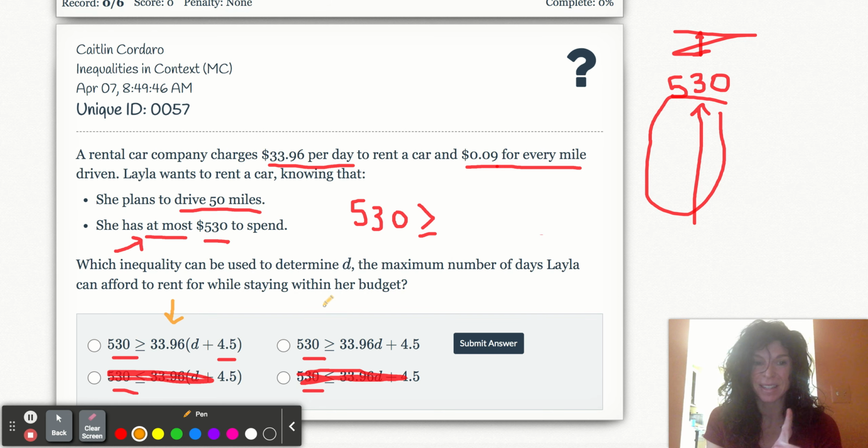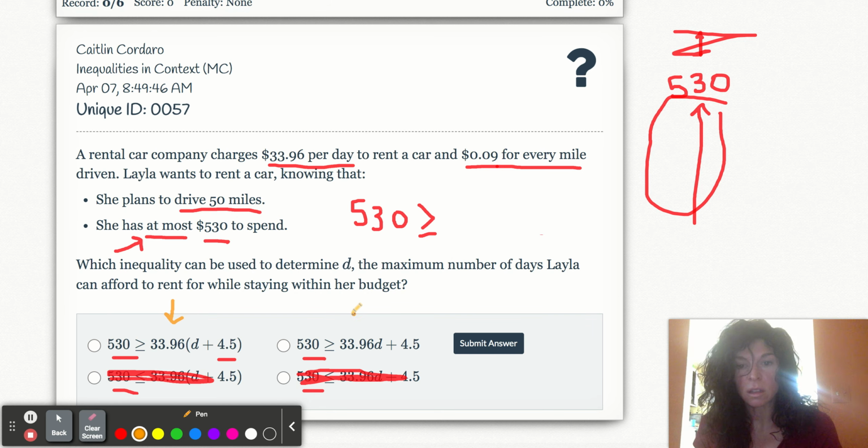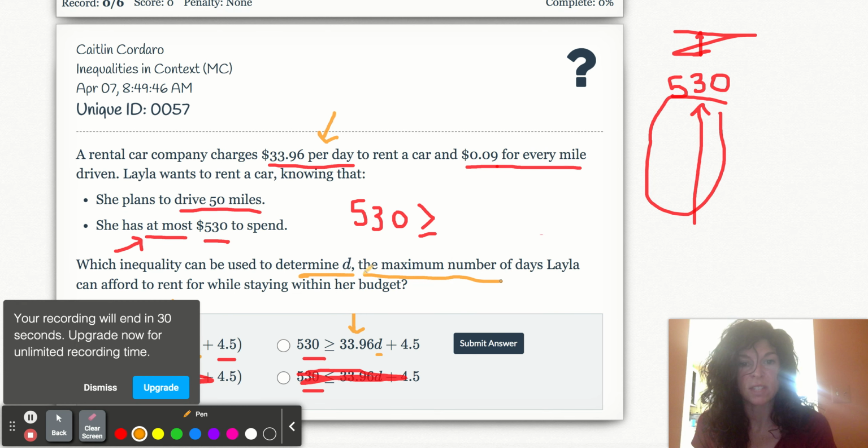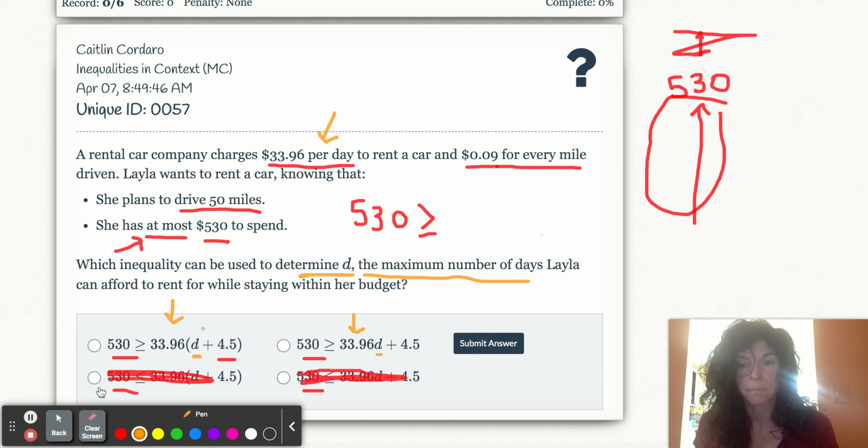It's not an equation, it's not equal. So I'm noticing the 33.96, that is the amount per day. And we have a variable here. What does D represent? D is the maximum number of days. Okay, so that's days. Days is going to be multiplied by the 33.96.